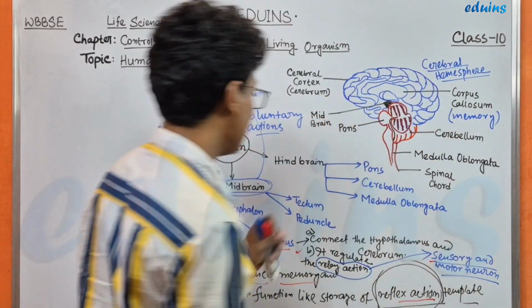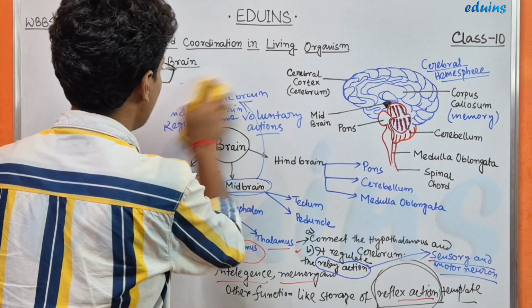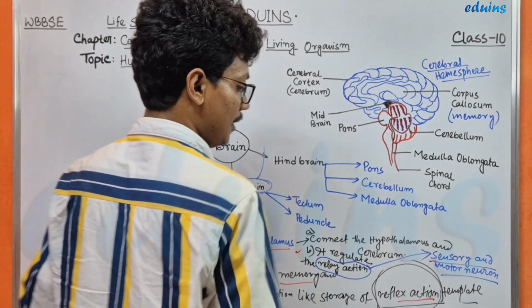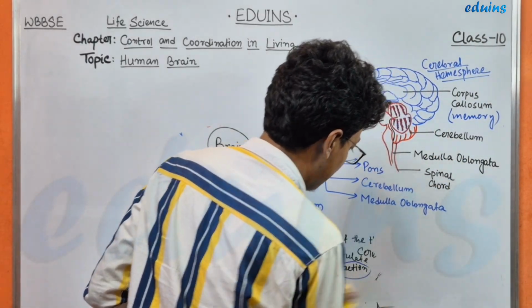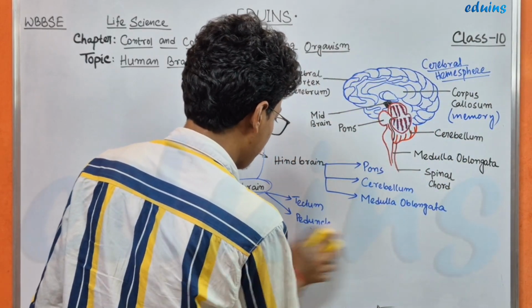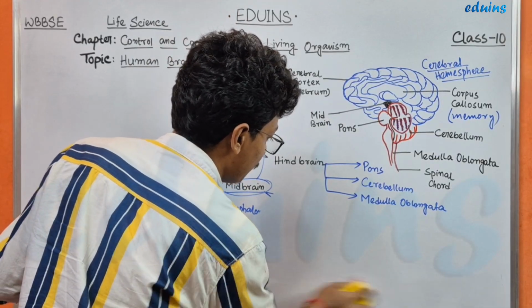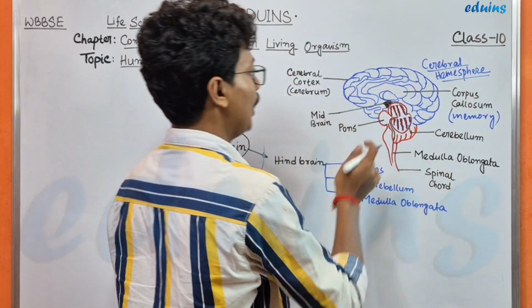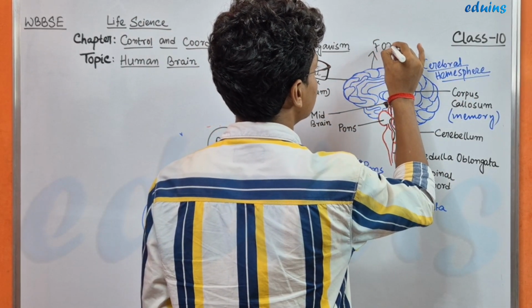Next one is the hindbrain, which is composed of three parts. Number one is the pons, number two is the cerebellum, and number three is the medulla oblongata. So this blue part of this image is the forebrain.